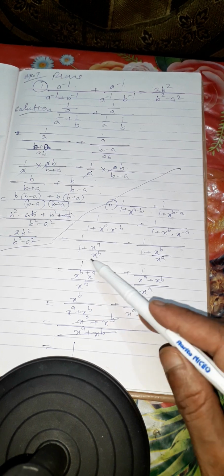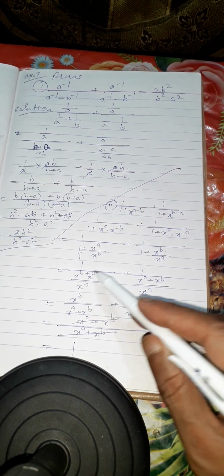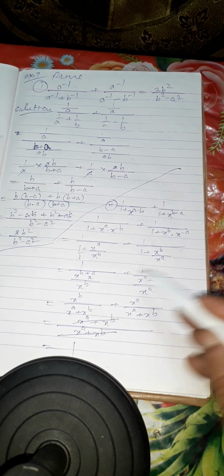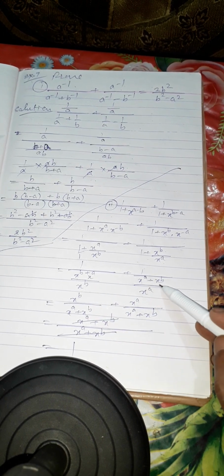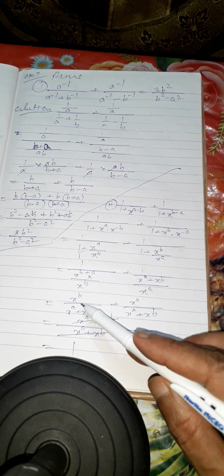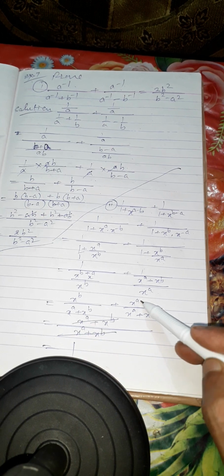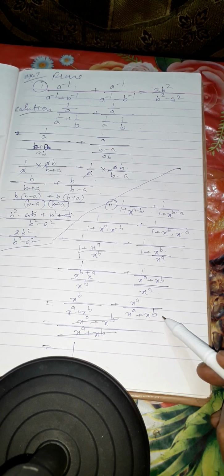When we take the LCM, x^b is the LCM, then x^b plus x^a upon x^b, and x^a plus x^b upon x^a. When taking the reciprocal, we find x^b upon x^a plus x^b, and here also x^a upon x^a plus x^b.